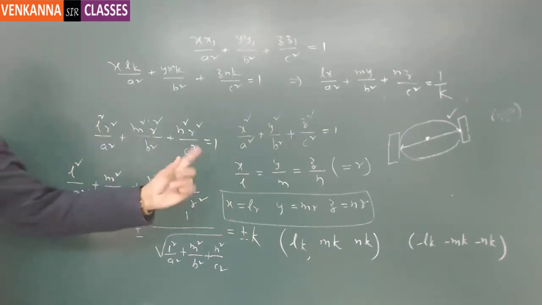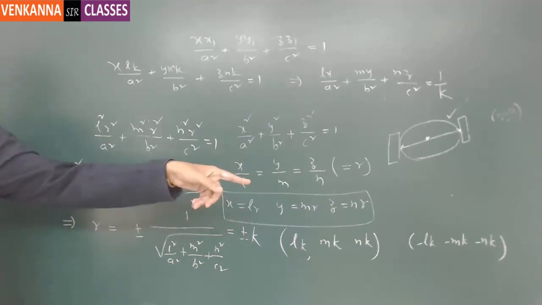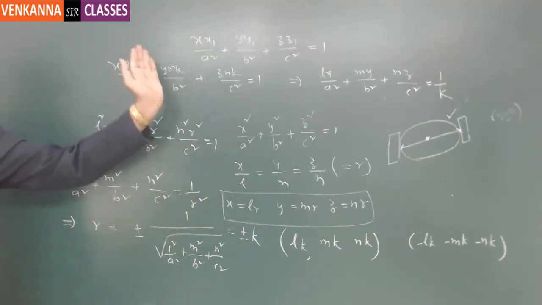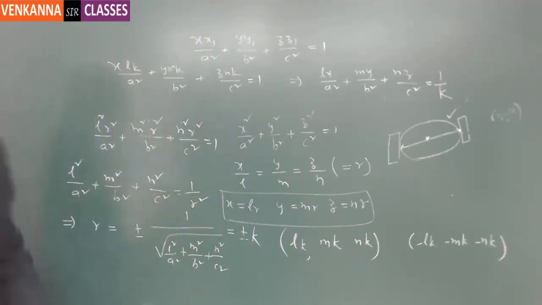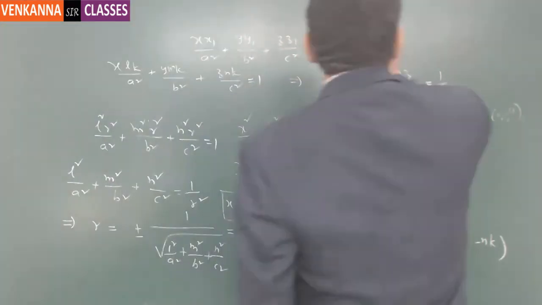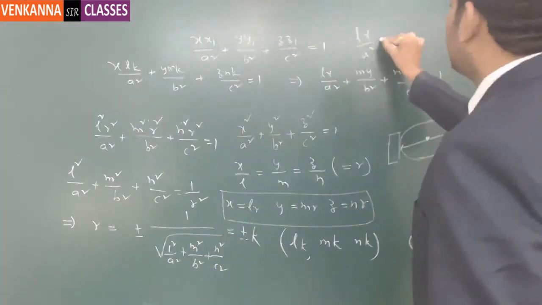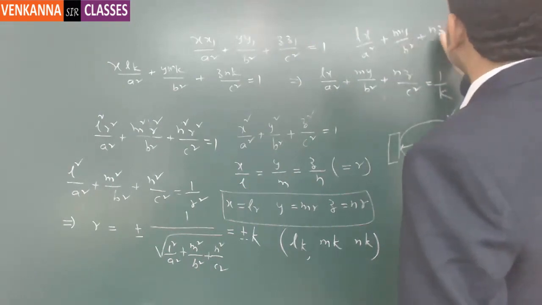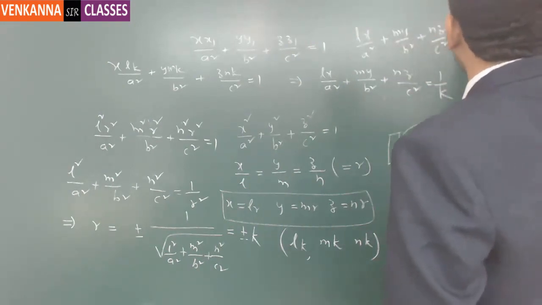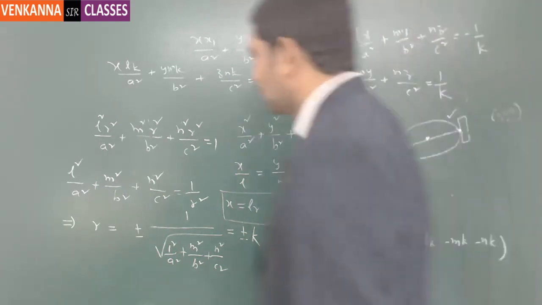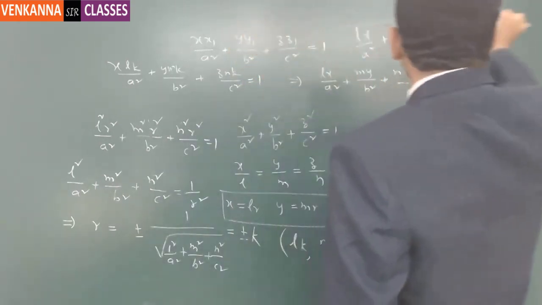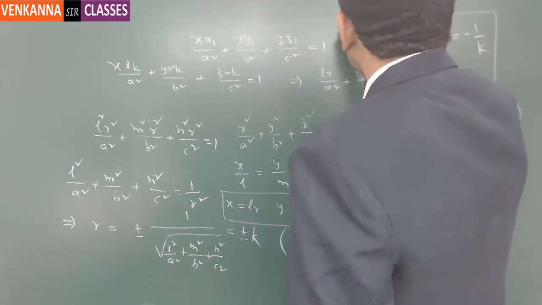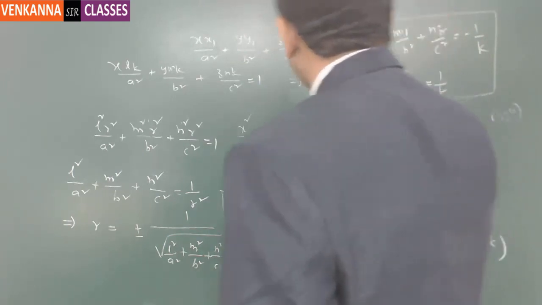So I have taken one endpoint l k, m k and n k. If you take the other endpoint, the other tangent plane, we will get l x by a square plus m y by b square plus n z by c square is equal to minus 1 by k. So this is one tangent plane at one endpoint, and this is another tangent plane at the other endpoint.